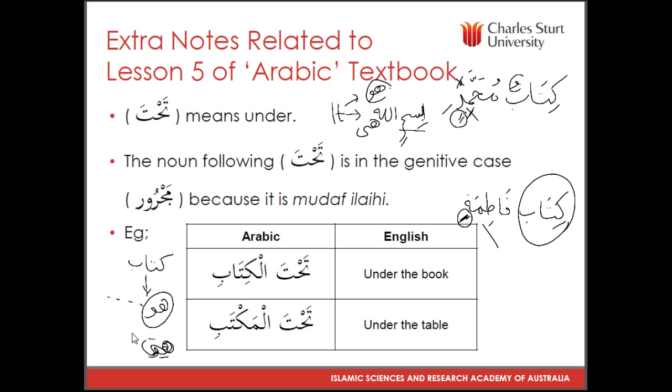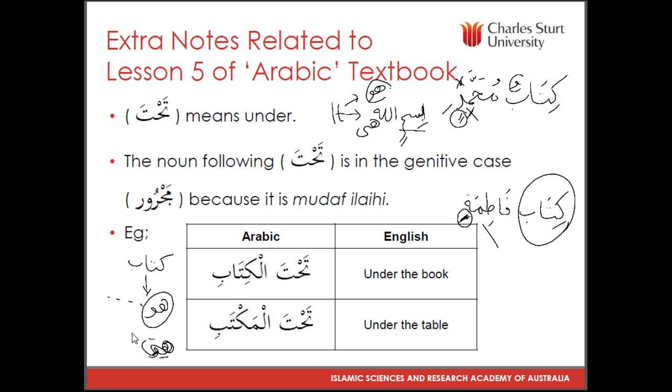Actually, because maktab cannot be a sifa, an adjective, for teacher, isn't it? For example, my shirt color or my appearance could be my adjectives. You can say he is clever, he is not clever.